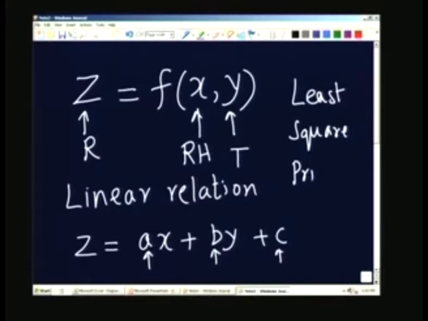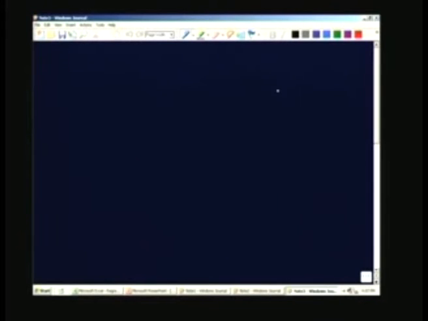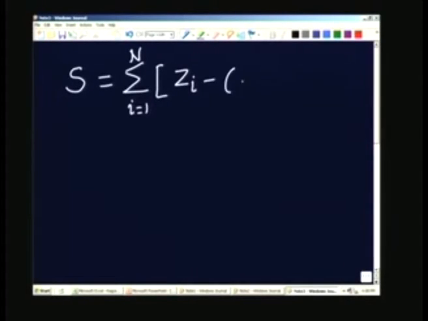So, let me just indicate the steps involved in this without taking any specific example. Least squares principle means I am going to minimize the quantity S, sigma over i equal to 1 to n, which is the number of data I have, of z i minus (a x i plus b y i plus c) whole squared.